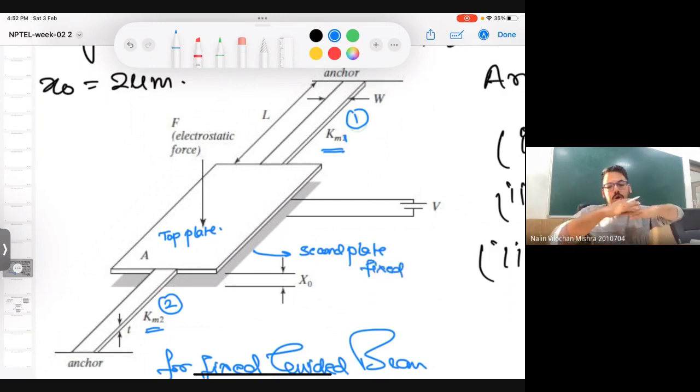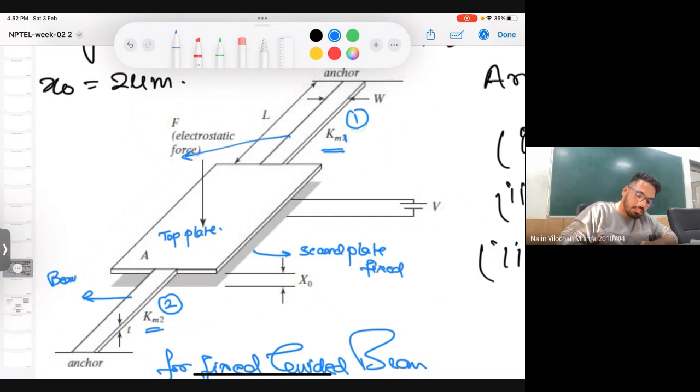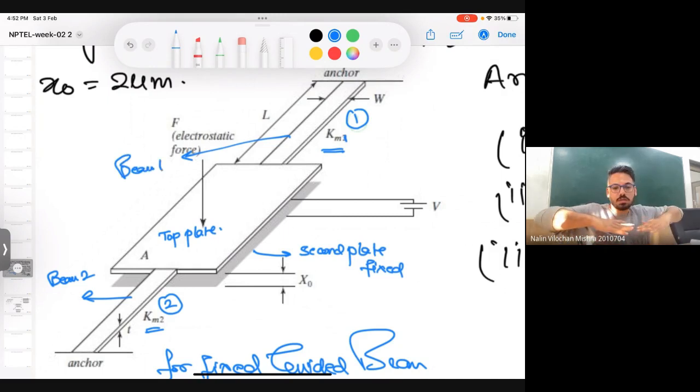So only the top plate will bend. So these two beams, beam 2 and beam 1, will experience some force, so that you can calculate the stiffness constant of this beam and this beam.